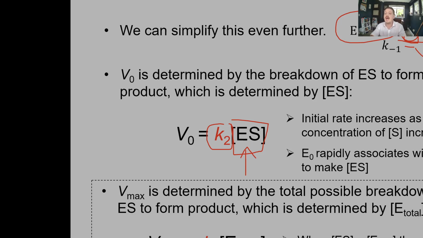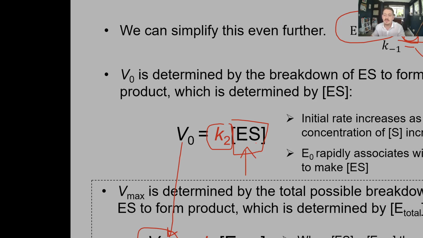So if I know how much enzyme I put into the reaction, because I put it into my glass vial, and if I know what the Vmax is, well, in that case, V0 when the reaction is saturated with substrate is going to be Vmax.